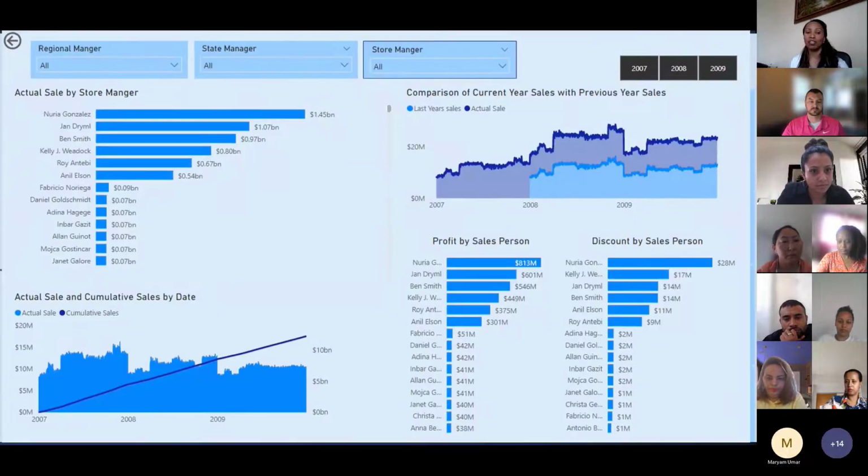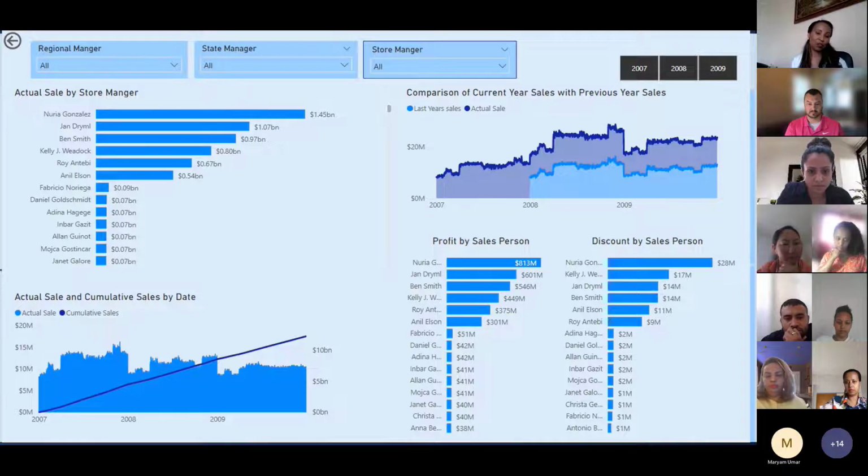I also have another page showing these KPIs by salesperson. The same manager can see which people are performing at higher rates than the others, and can also see the seasonality of sales and compare the last year to the current year through this chart.